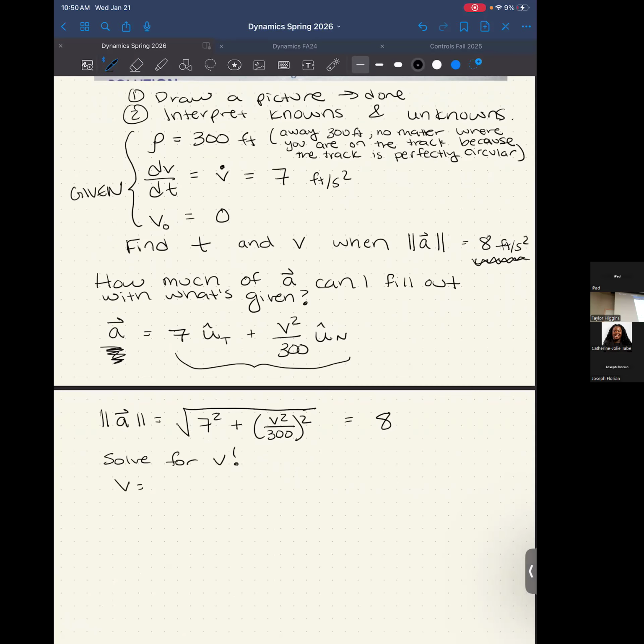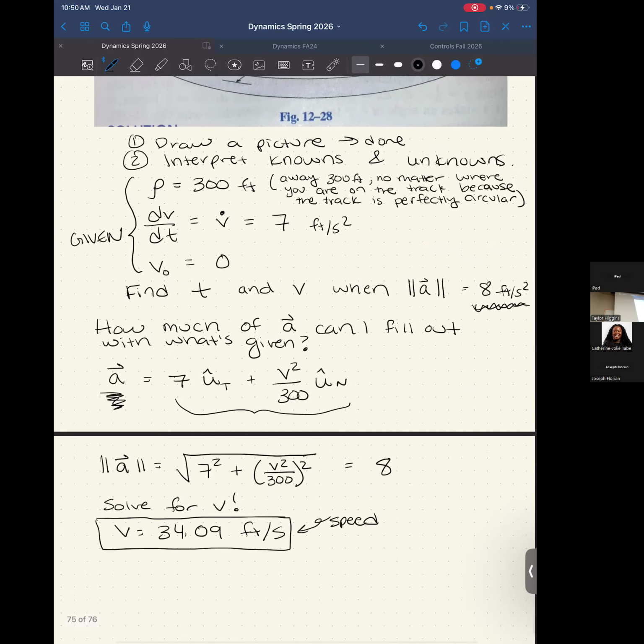Turns out v will give us 34.09-ish feet per second. Okay, so this is the speed at the instant that it's asking about.